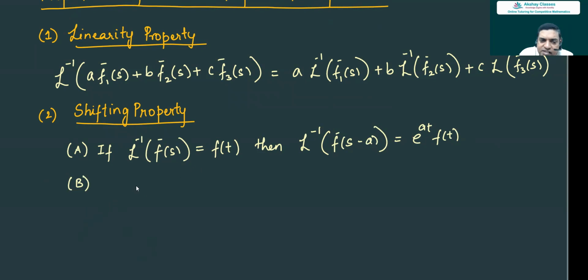This was s shifting. Now we have a t shifting property also, right? F of t minus a. So that we'll look into.